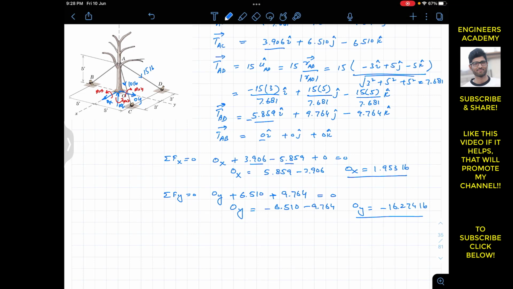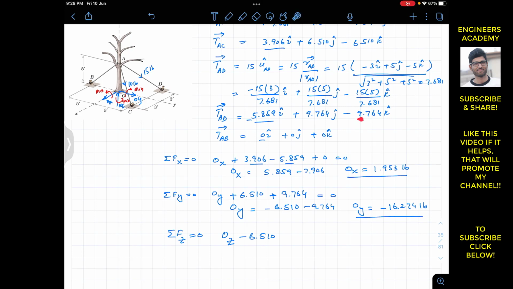Similarly, to find OZ, we have to apply the summation of forces along Z equals to 0. And then we have to write that this OZ is acting in the positive Z. So I will write OZ. Then we will add the K components. This is minus 6.510.